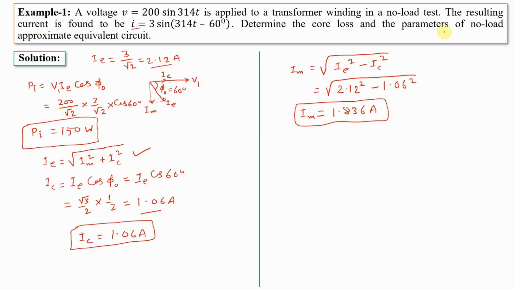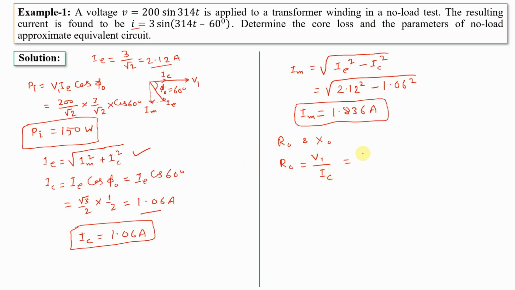In this question, we have to find the parameters of the no load approximate equivalent circuit. The parameters mean R0 and X0. The value of R0 is calculated by V1 upon the core loss component.